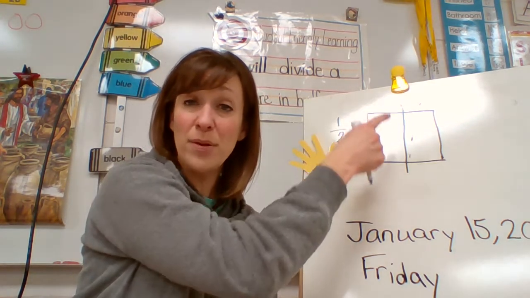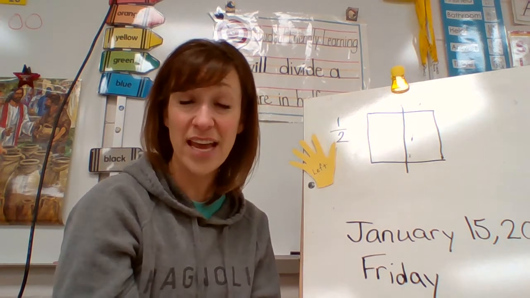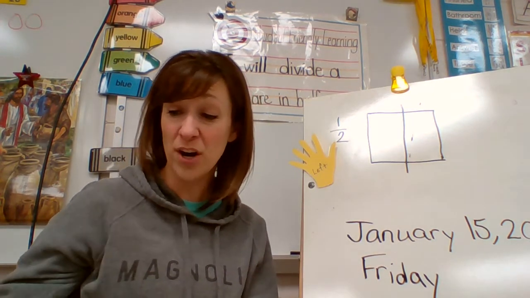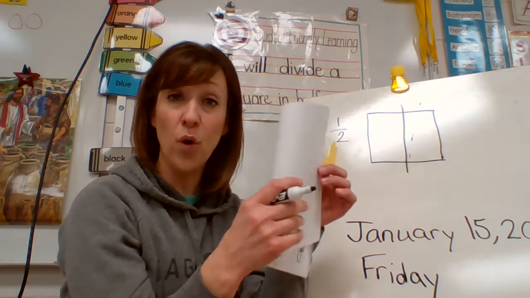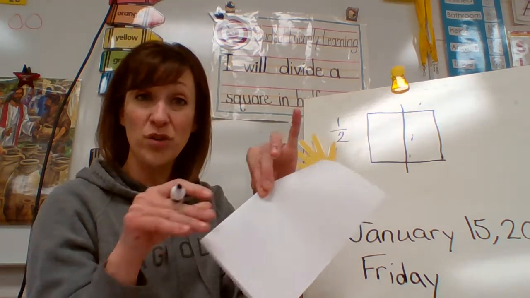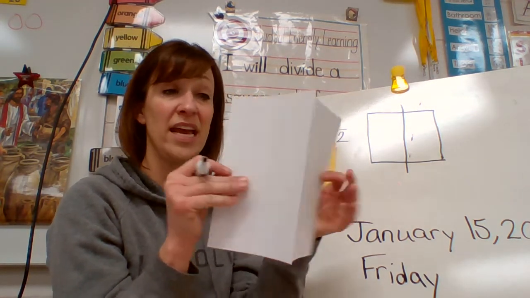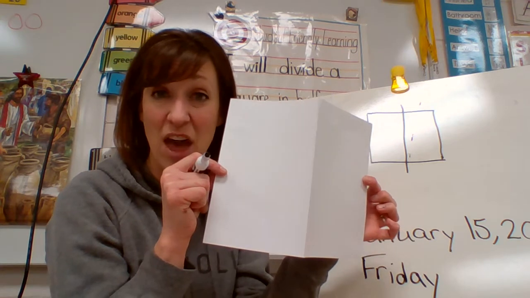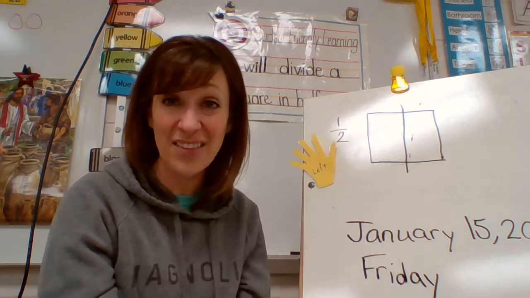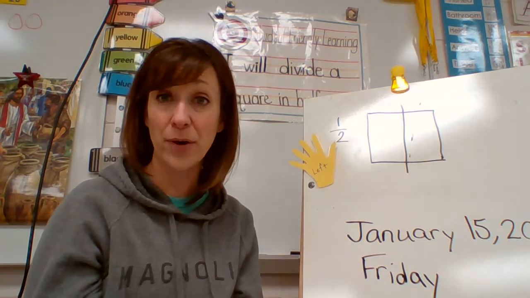We can start at the top and pull straight down so that these 2 halves are the same. If you had a piece of paper and you decided to fold it, that would make it equal on both sides. And then when you opened up your paper, you would see that there's that crease. And that would be kind of like the dividing line that you just drew on your square on your board or your piece of paper.